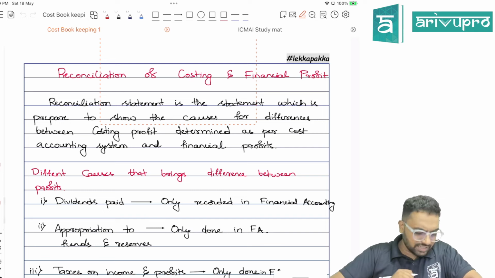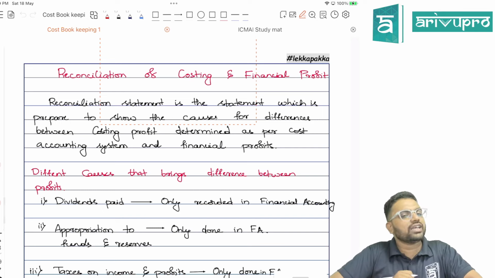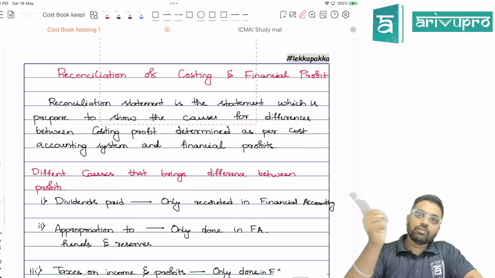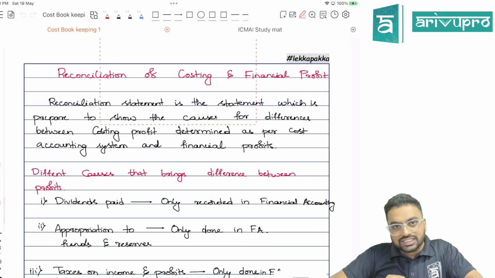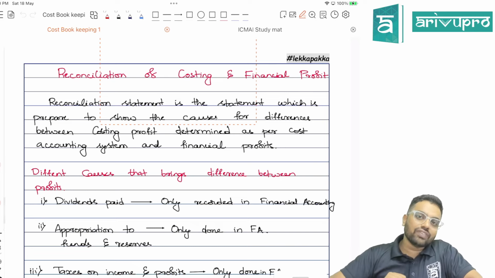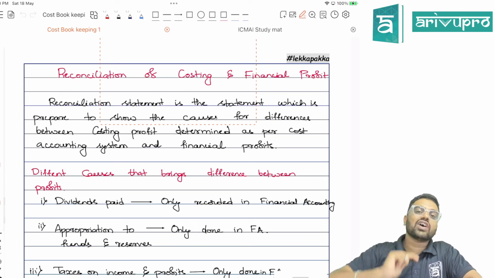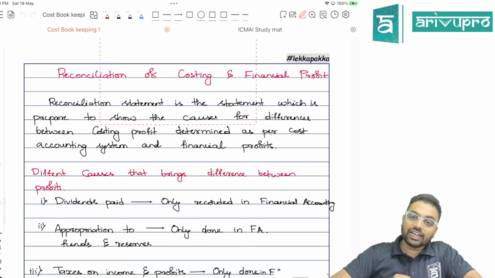That is nothing but reconciliation. Sir, can you repeat? Yes. There will be 2 points. In between 2 points, there will be certain differences. In reconciliation, we will find out what are the reasons for those differences, and we try to eliminate those differences.